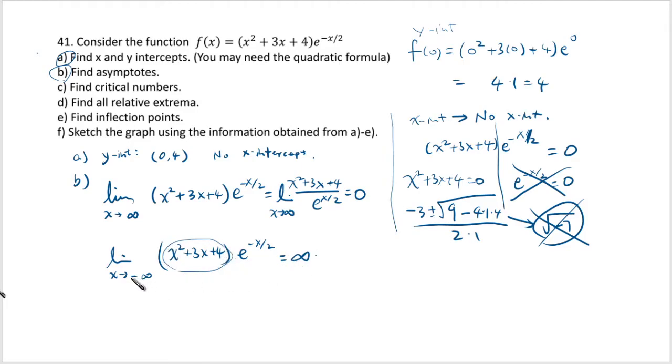On the other hand, if you plug in negative infinity here, negative of negative infinity is positive infinity, so you have e to the positive infinity. But you also know that e to the positive infinity is infinity, so you end up with infinity times infinity, which is infinity. So the second one does not yield any horizontal asymptote. This one does yield the horizontal asymptote. So from these two considerations, we see that y equal to 0 is a horizontal asymptote.